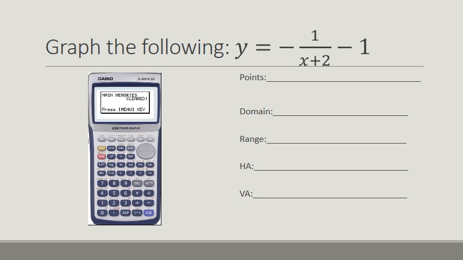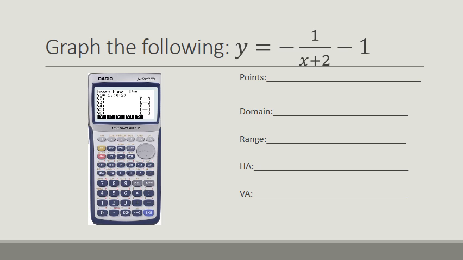Okay, so another way that we can get points for this, rather than subbing things in, is we can use our graphing calculator. And I'm going to go to the graph menu, and I'm going to type this in. Now you want to be careful how you type this in. I'm going to do -1 over, and then in parentheses I'm going to put x plus 2.